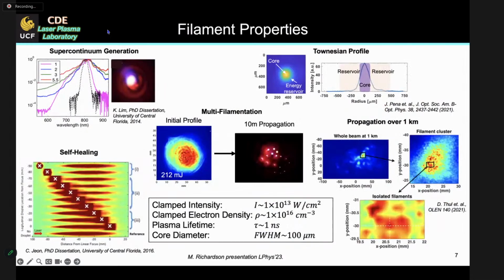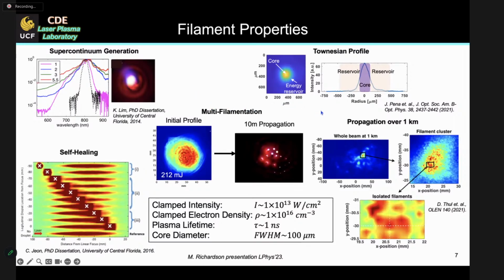Just some comments with regard to filament characteristics in general. On the left-hand side, you see some characteristics of the supercontinuum generation. We've done quite a lot of work on supercontinuum generation from filaments, as have other groups. I won't really discuss much of that in any detail today.